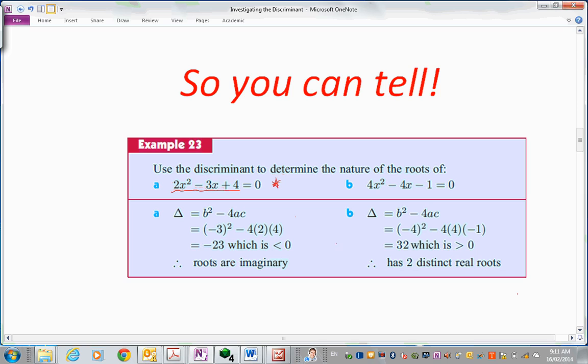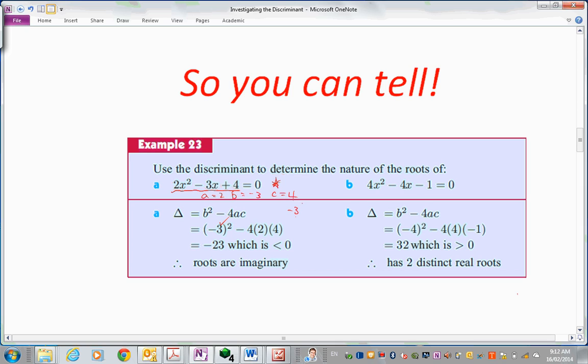So the first thing I think you should do is a is 2, b is neg 3. We don't need the whole formula here, do we? We're just going to take a peek at what's happening, and so we only need b squared take 4ac, and if we work that out, neg 3 squared, be careful there, that's positive 9.